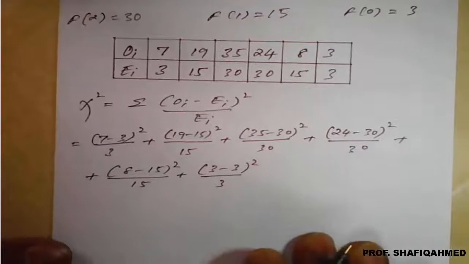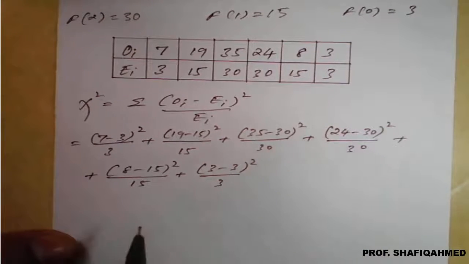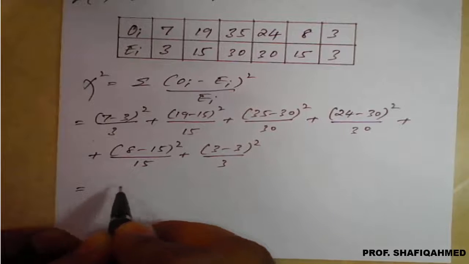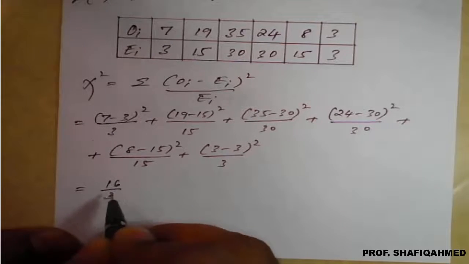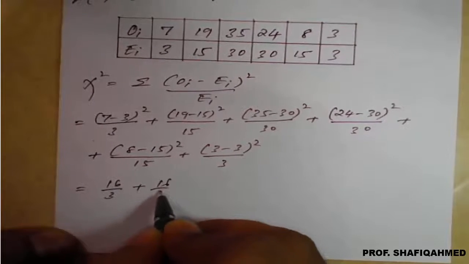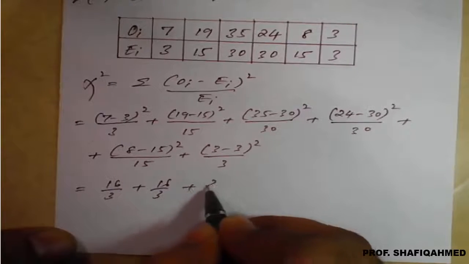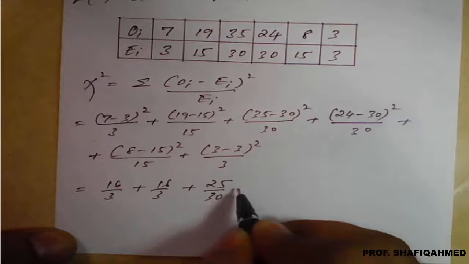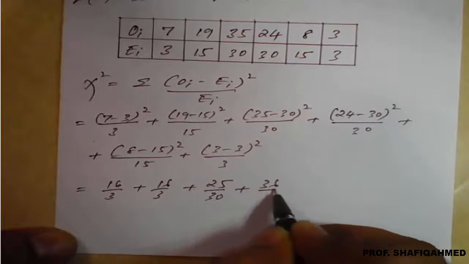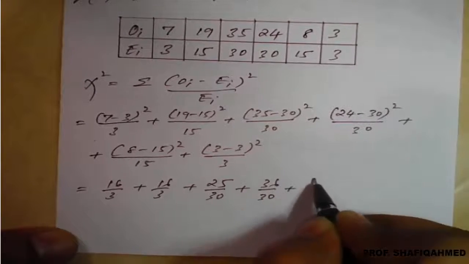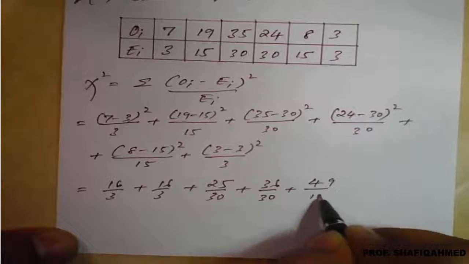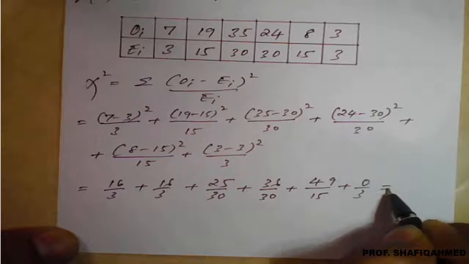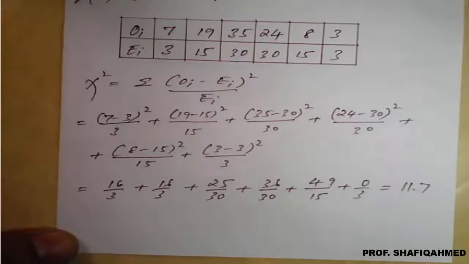In this way we need to calculate. Simplifying this, you will get 16 by 3 plus 16 by 3 plus 25 upon 30 plus 36 upon 30 plus 49 upon 15 plus 0 upon 3, which is nothing but 11.7.